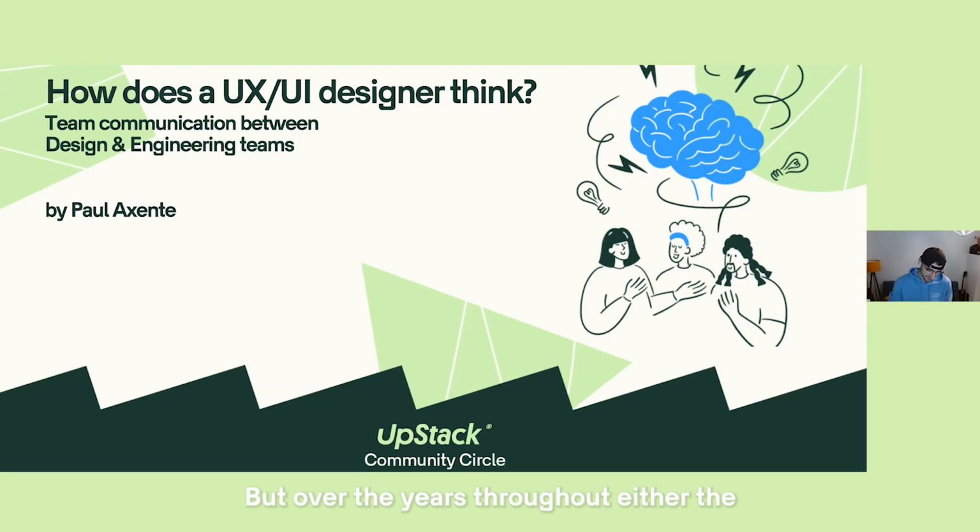But over the years, throughout the contracting jobs and the companies that I was hired at, one thing was always the crux of everything: teamwork and communication between UX, design, and the engineering teams.